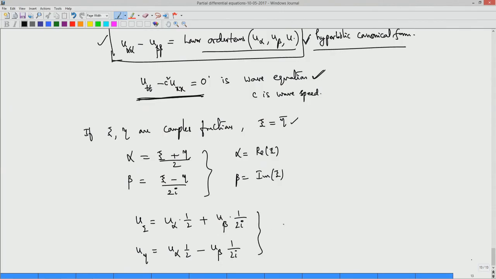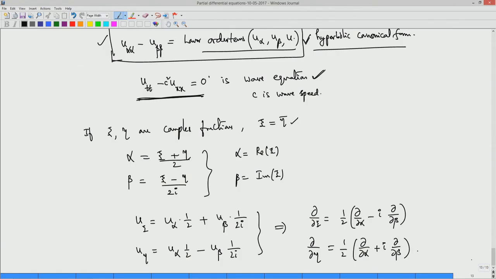So this gives me do xi is half do alpha plus or minus i do beta. When you bring this i up, it will become minus i. Similarly you get do eta from the second equation: 1 by 2 is common, so you have do alpha minus i, and when I bring this i up it will become plus i do beta. So this is how do xi and do eta become.